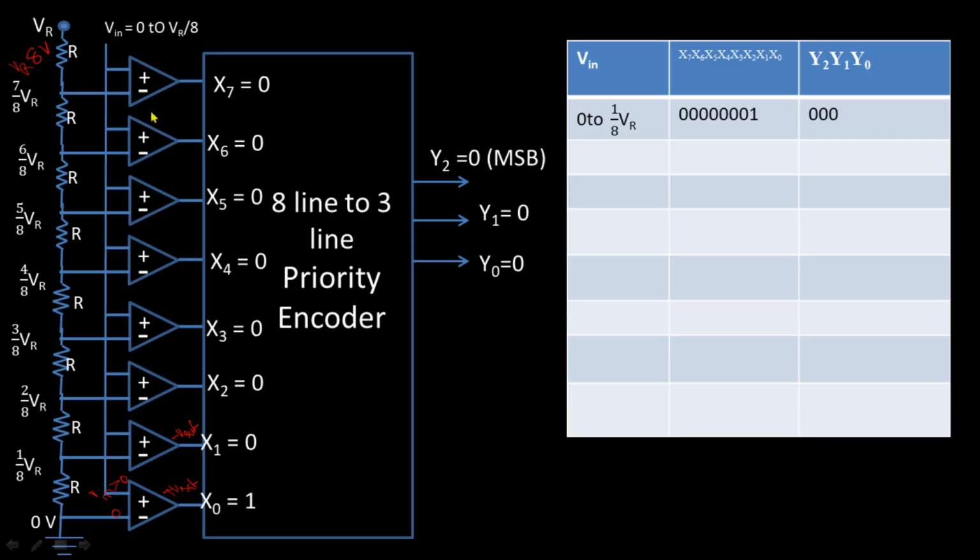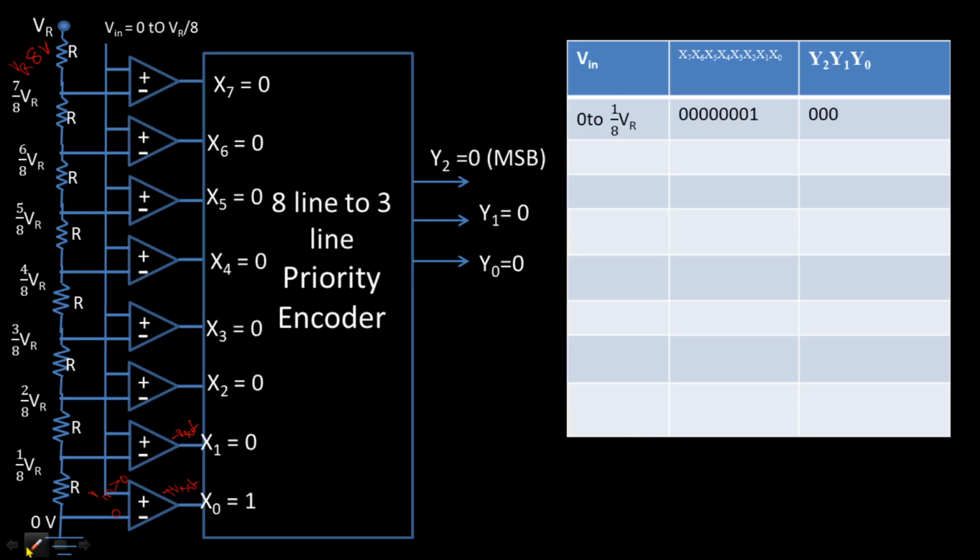Here we are assuming Vin is less than VR by 8, so the remaining op amps' non-inverting terminal voltages are less than their reference voltages, and the corresponding outputs are zeros. So in this priority encoder X0 is 1, the remaining inputs are zeros, and the output is 0 0 0.